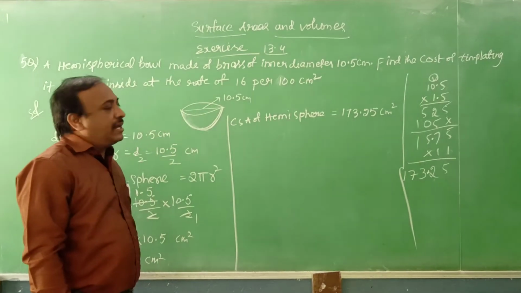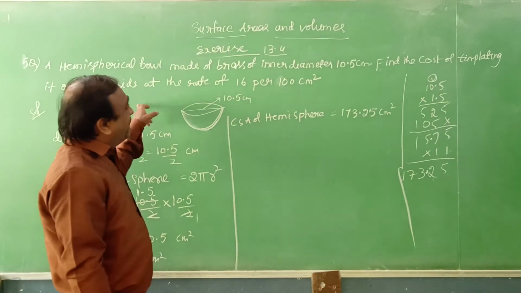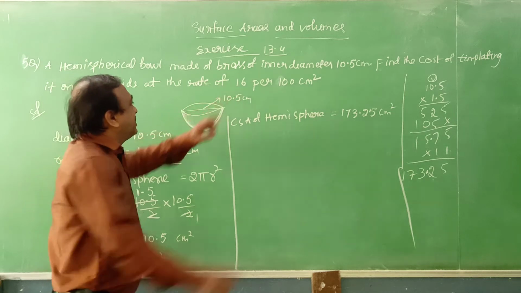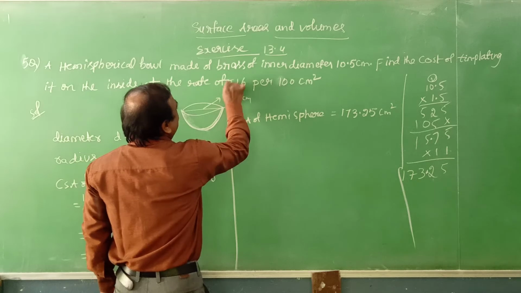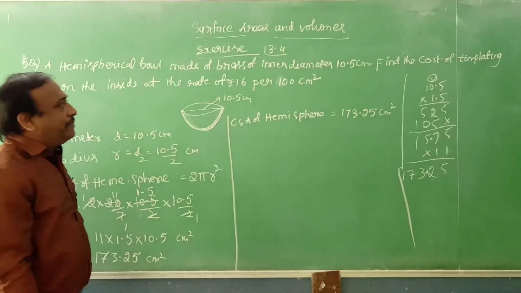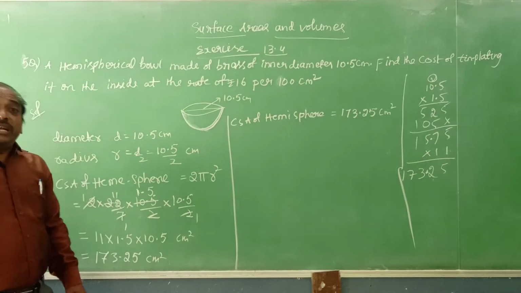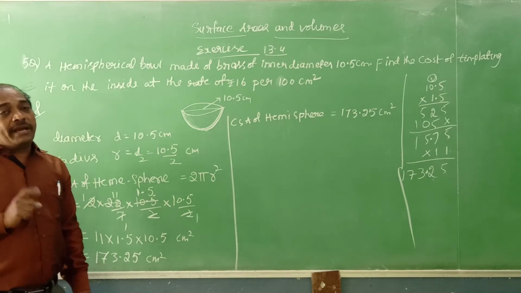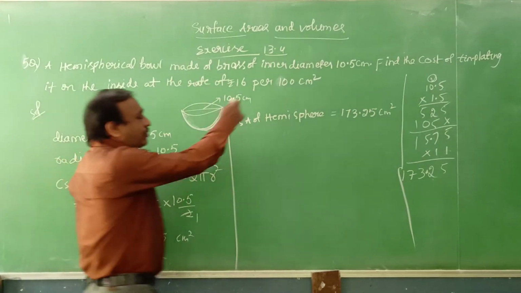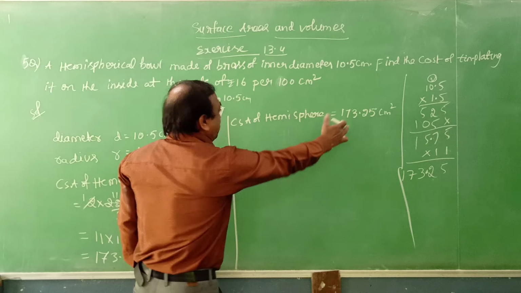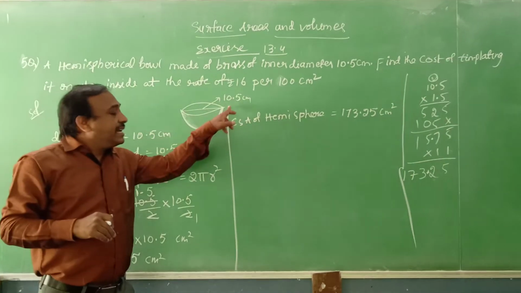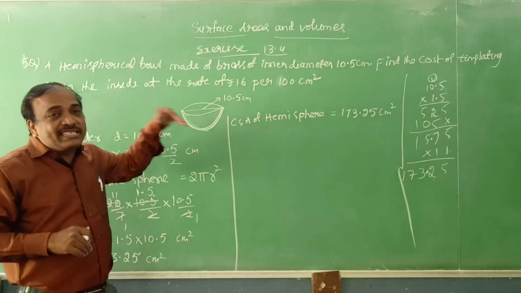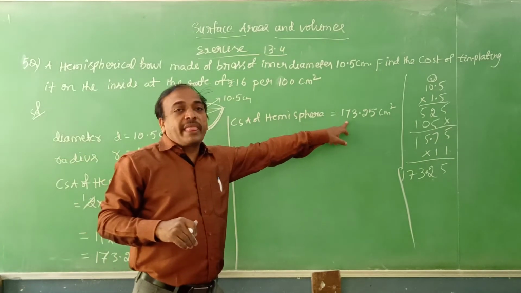The cost is at the rate of rupees 16 per 100 centimeter square. We have to find out its cost, which means this much tin plating should be covered for the hemispherical shape inside it. This much area they have to cover.